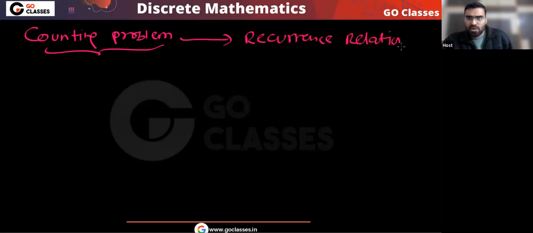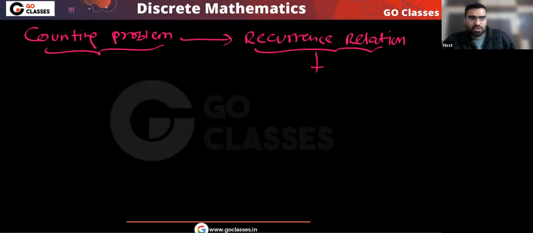Basically you have a combinatorial problem, a counting problem, and for that counting problem, sometimes we can write a recurrence relation. Once we write the recurrence relation, we can solve it and get the answer.